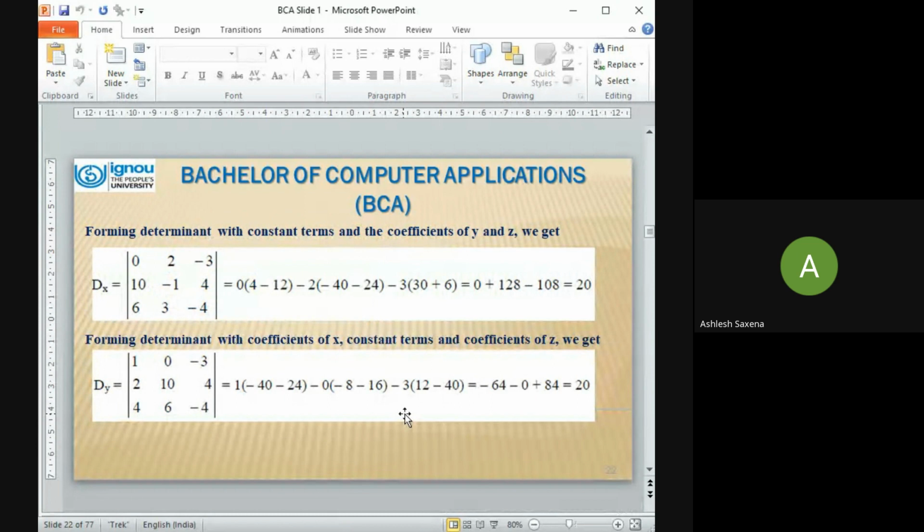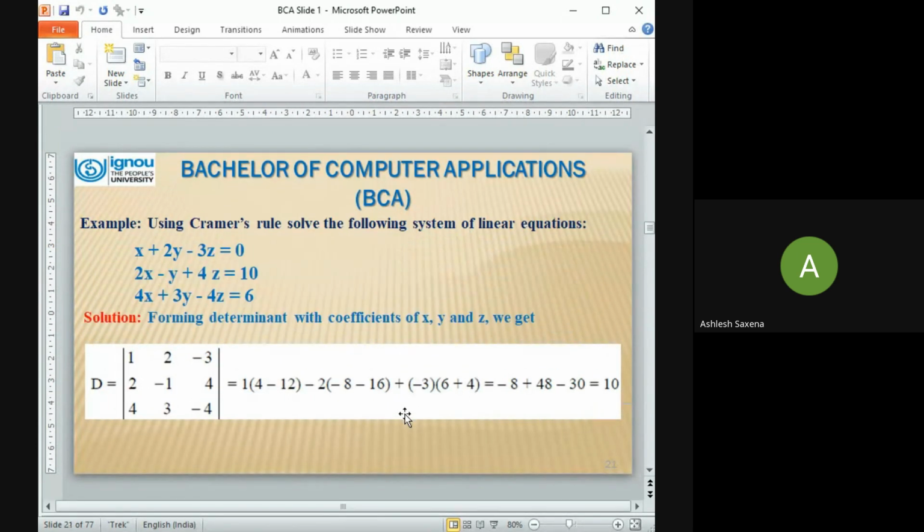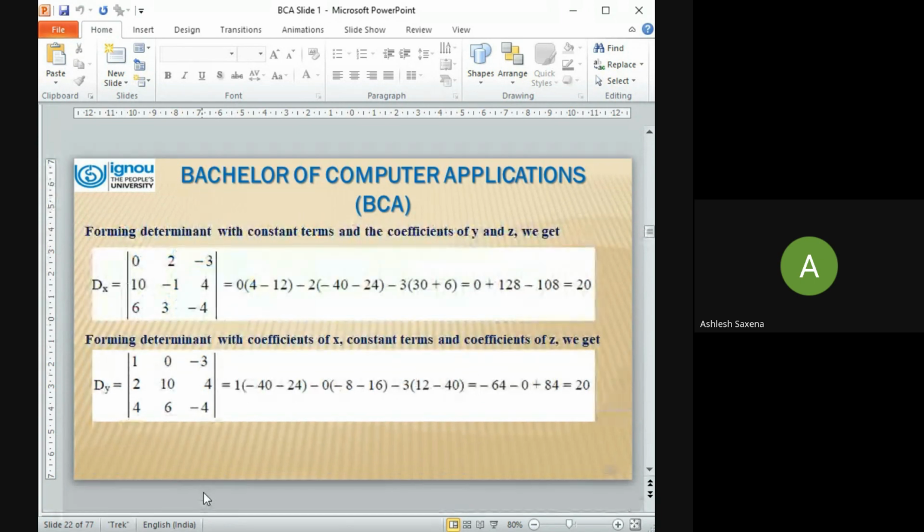Dx. What am I doing? Replace this. See to it. Replace this 1, 2, 4 by 0, 10, 6. Replaced. Rest everything will remain the same. In dy, replace this column by 0, 10, 6. Open it up.